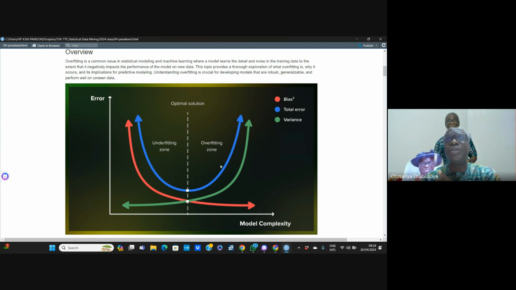You want the algorithm or the model to have learned the dynamics, the interactions, the interrelationships in the training data set, such that when you now apply the model to a new data set, that same experience is used and the model is able to do well and predict outside the data used to model.